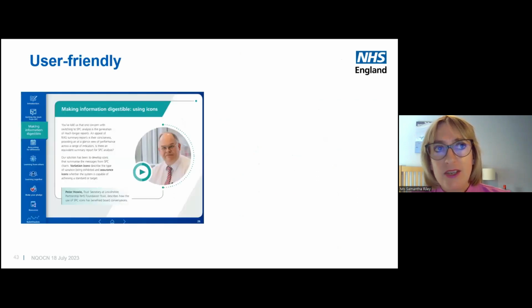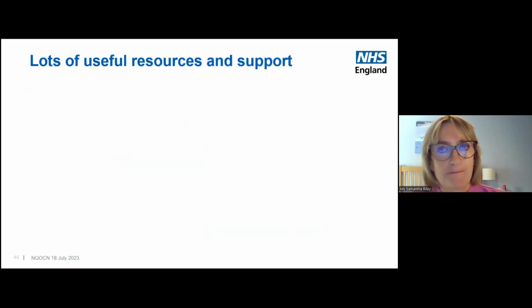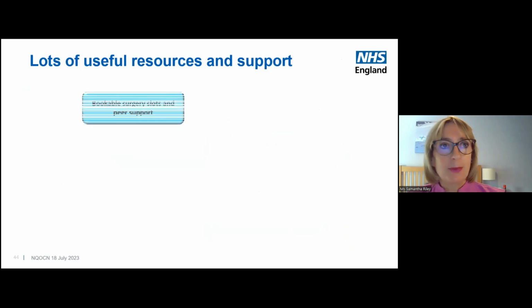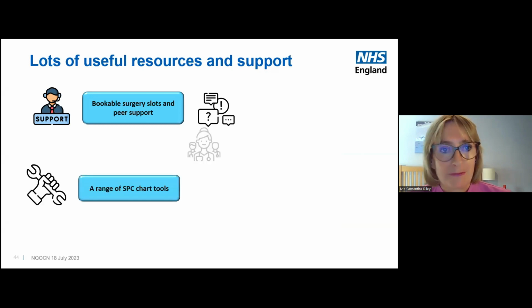They're very easy to use. We've got embedded videos, they're very practical, and we've got little scenarios for people to work through. There's lots of resources and support available. There's lots of peer support that's provided on the Futures site by those 8,500 people that are members. You can also book a slot with one of my team if you've got a specific problem.